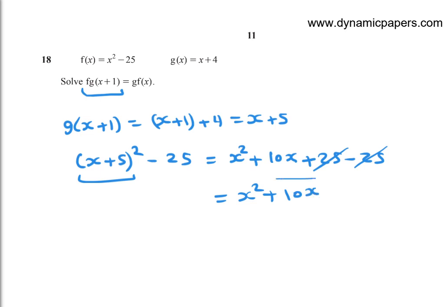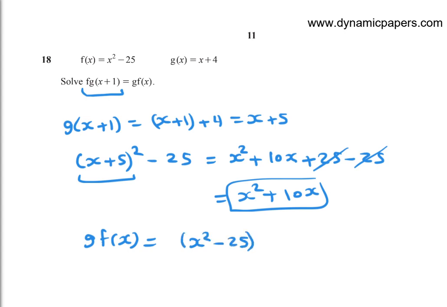So this is the answer for the left hand side, f(g(x plus 1)). Now we need to find g(f(x)). To find g(f(x)), put f in g, so x squared minus 25 plus 4 equals x squared minus 21. So this is the right hand side.